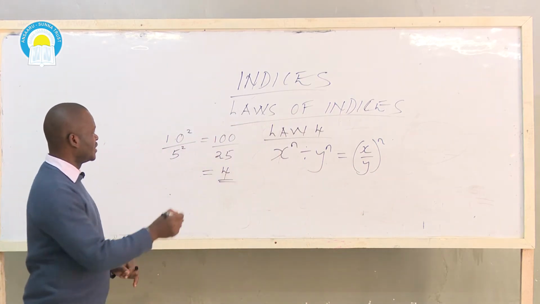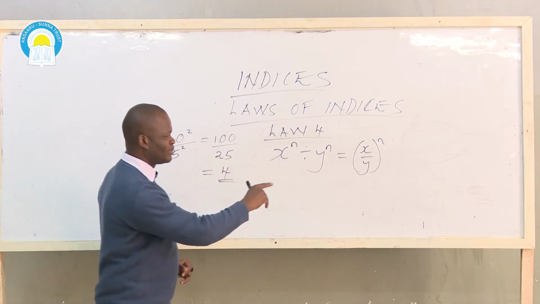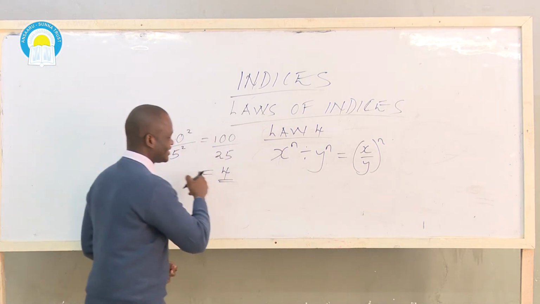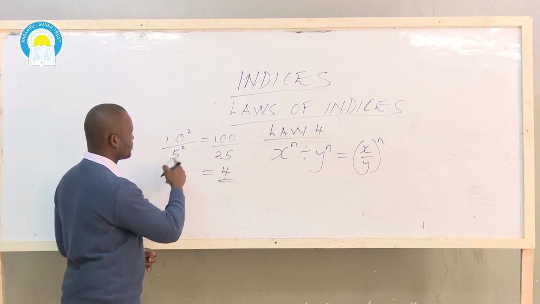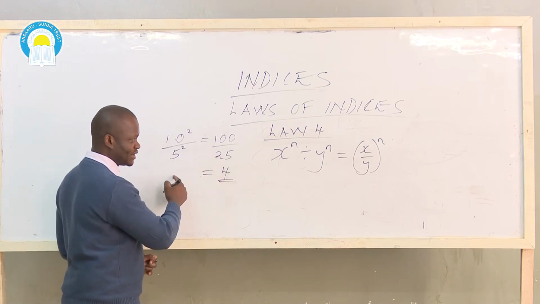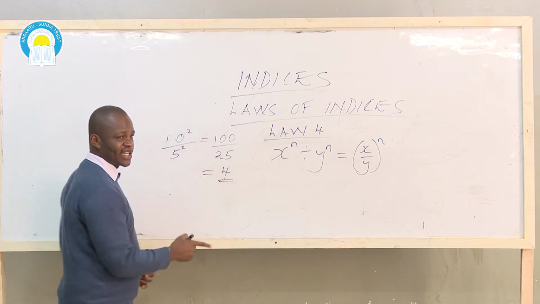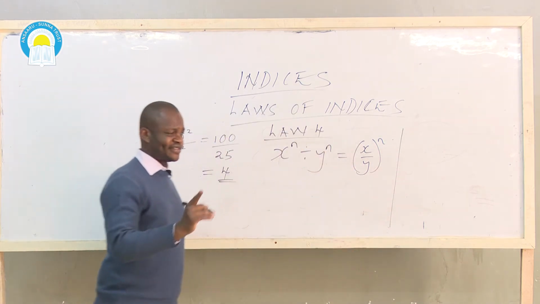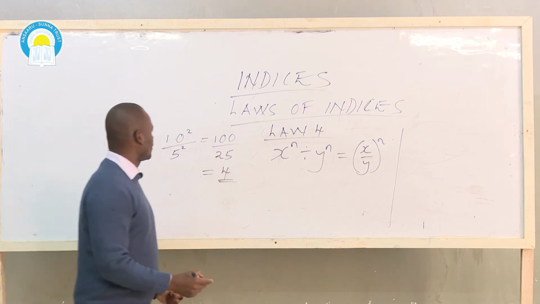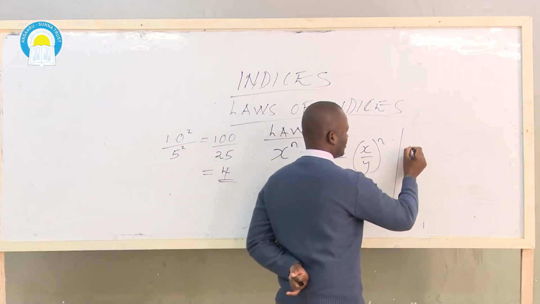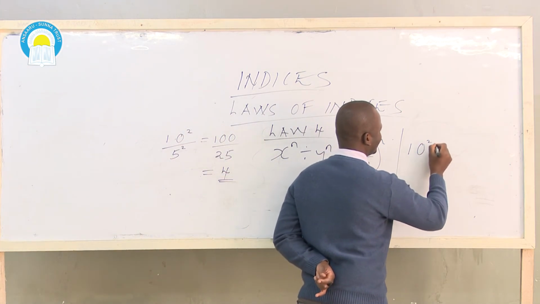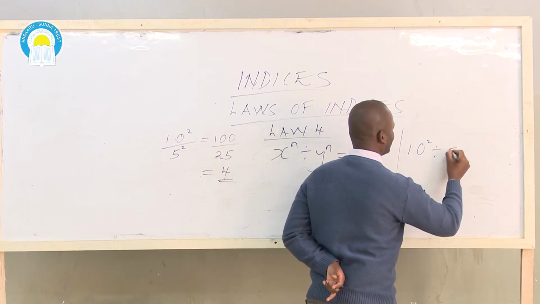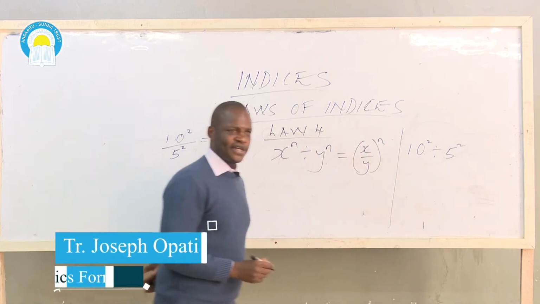Now what about applying this law? Because I'm insisting the condition for the application of this law exists here. Which are the conditions? We are dividing, and then the powers are the same. So this application should give us the same outcome of 4. Let's see how that will be. So we have 10 squared divided by 5 squared.